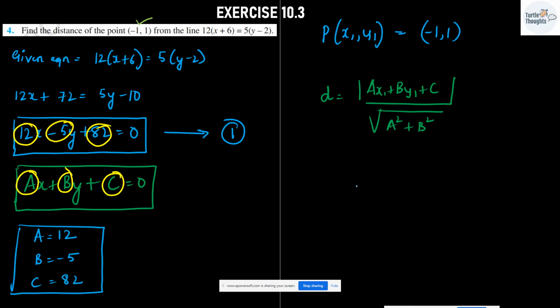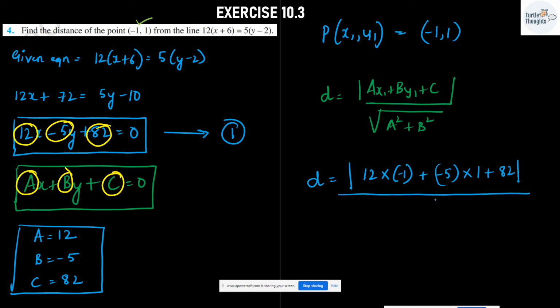I will be substituting the values in this equation. a multiplied by x1, so a is 12 multiplied by minus 1, plus b, which is minus 5, multiplied by y1 which is 1, plus c which is 82, under the modulus, whole divided by the root of 12 square plus (minus 5) whole square.